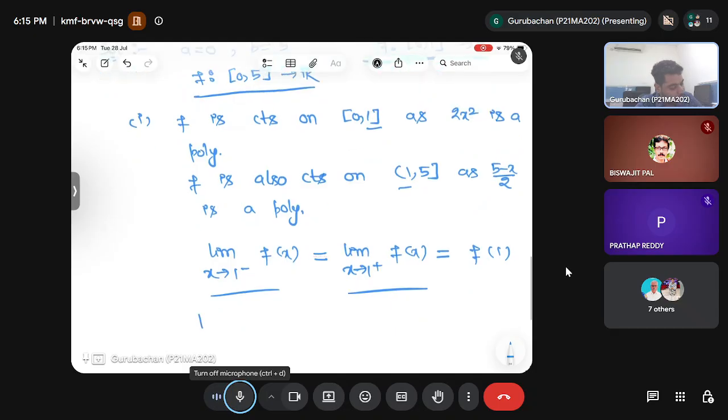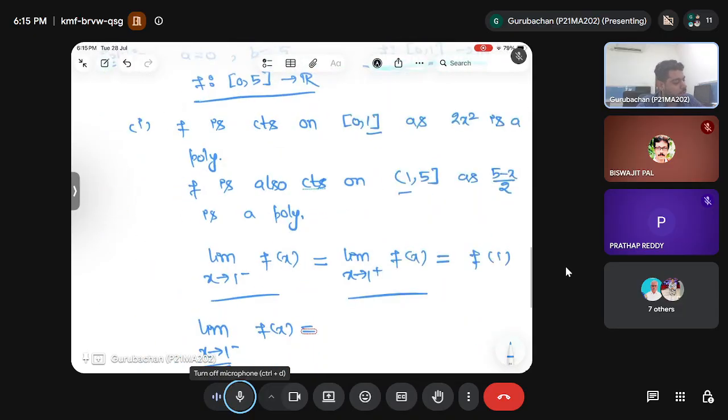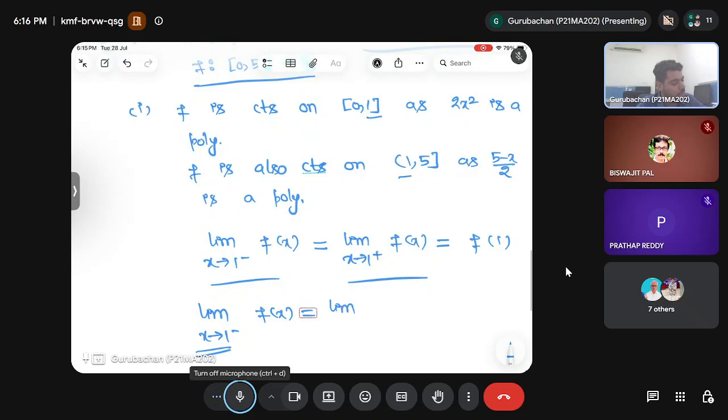So what is the left hand limit? Limit x tending to 1 minus f of x. We know that whenever x is any value less than 1, our function will be 2x square. So this will be nothing but limit x tending to 1 minus 2x square.